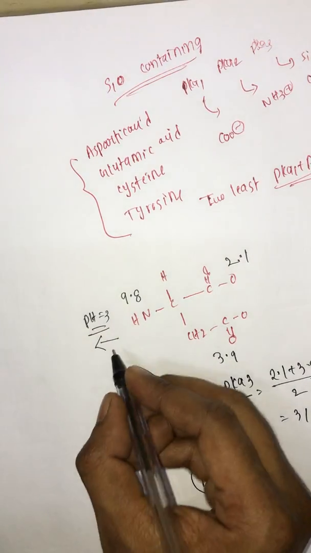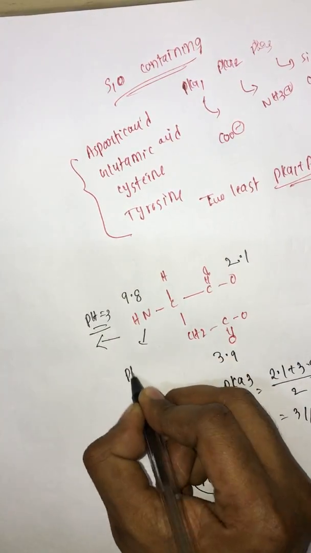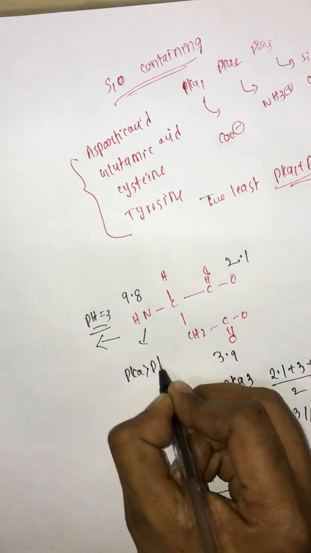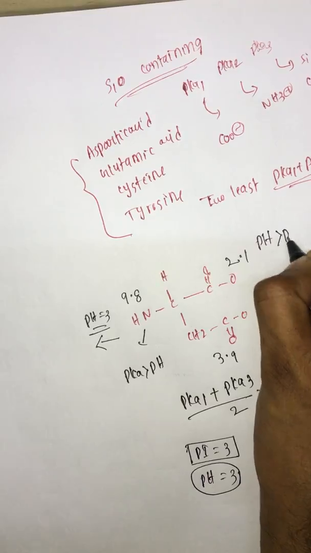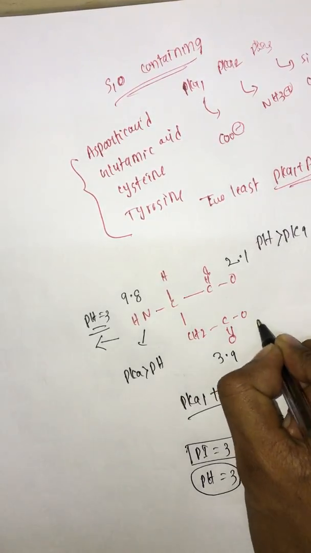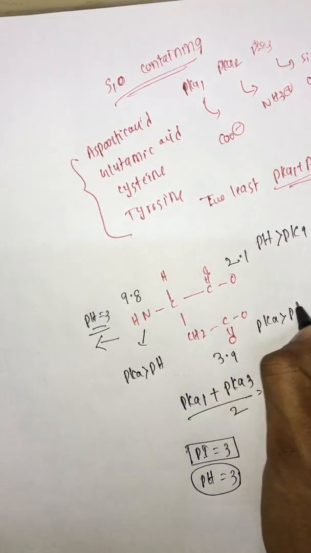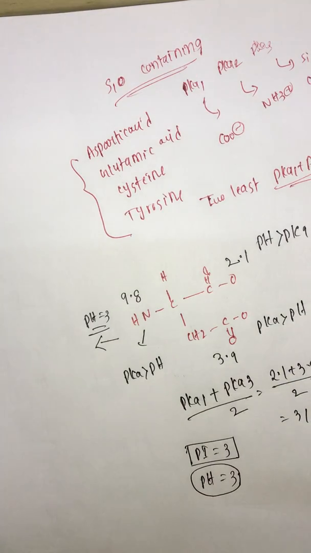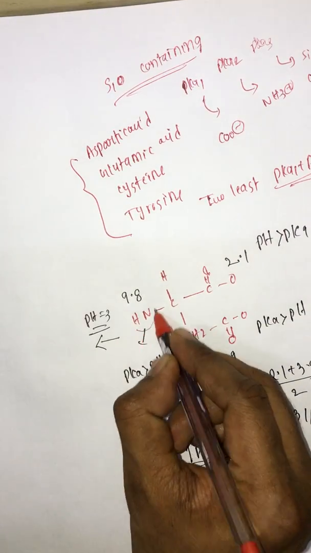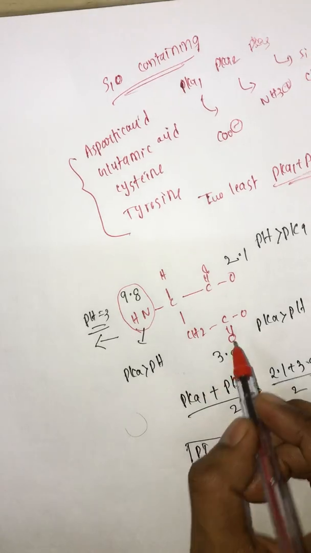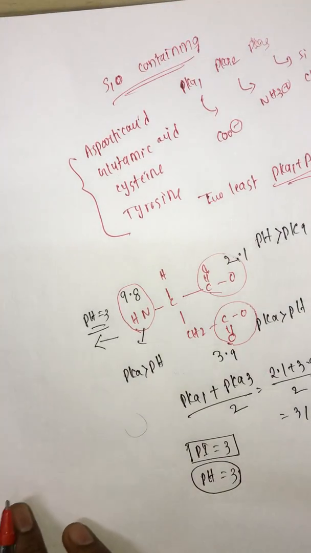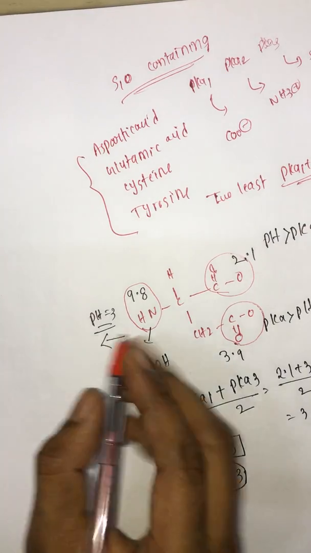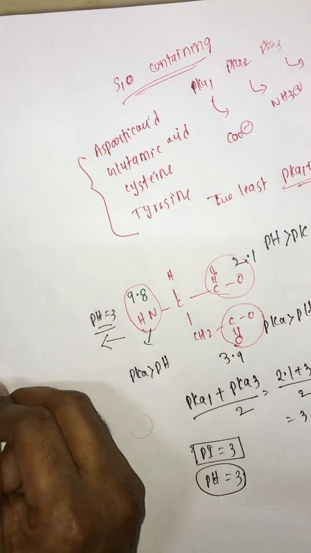In this case pKa is greater than pH, here pH is greater than pKa, and here pKa is greater than pH. In this case protonation takes place, and here deprotonation takes place.